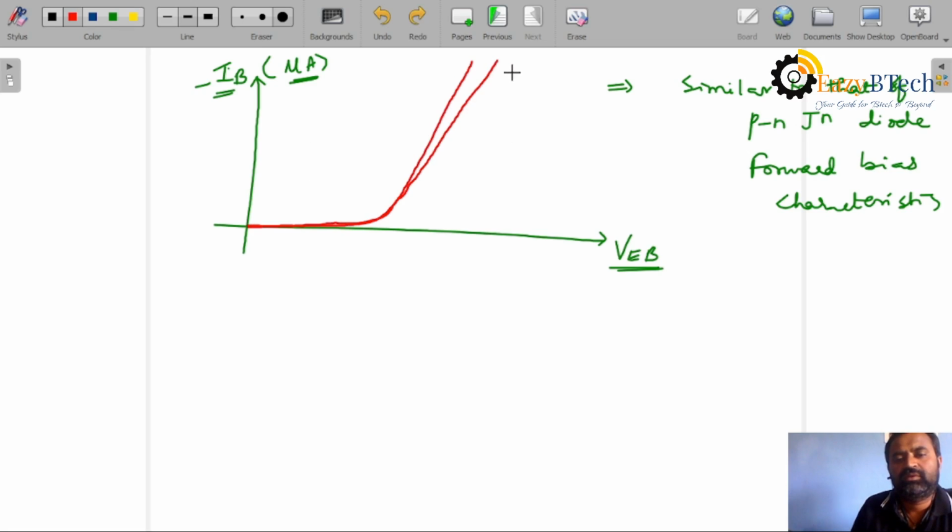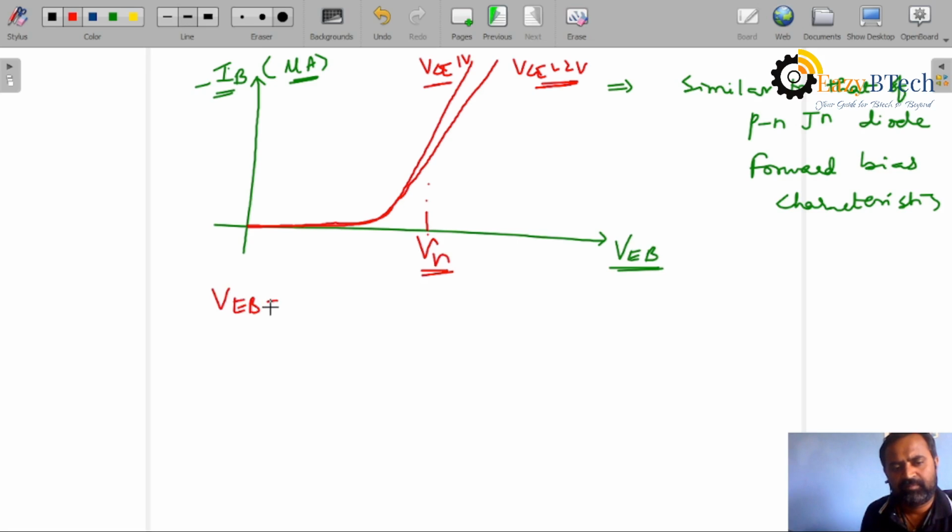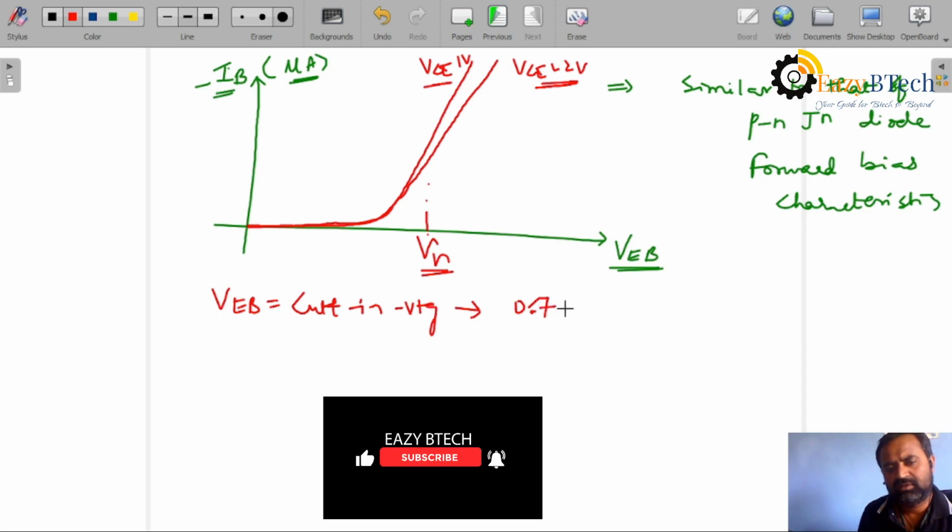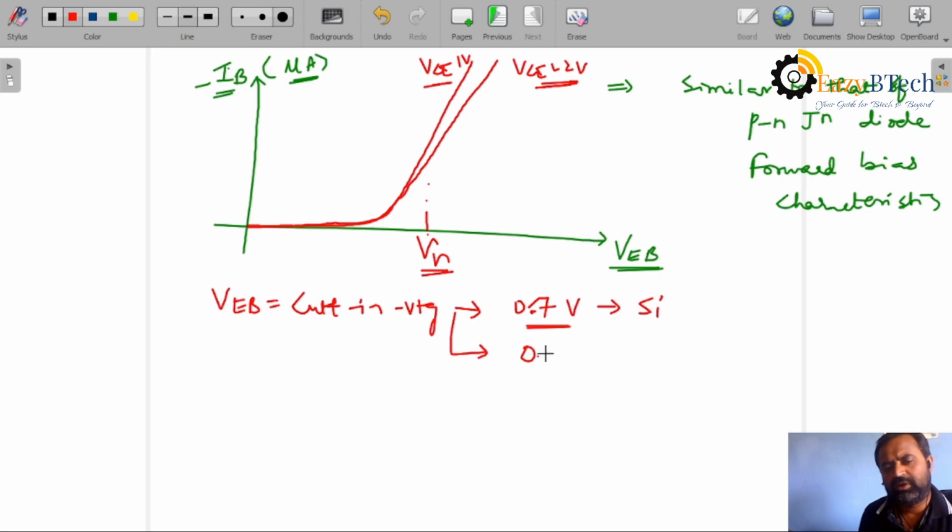Okay, this is VCE 1 volt, VCE 2 volts. This we will call the cut-in voltage, that is VBE cut-in voltage: 0.7 volts for silicon, 0.3 volts for germanium.